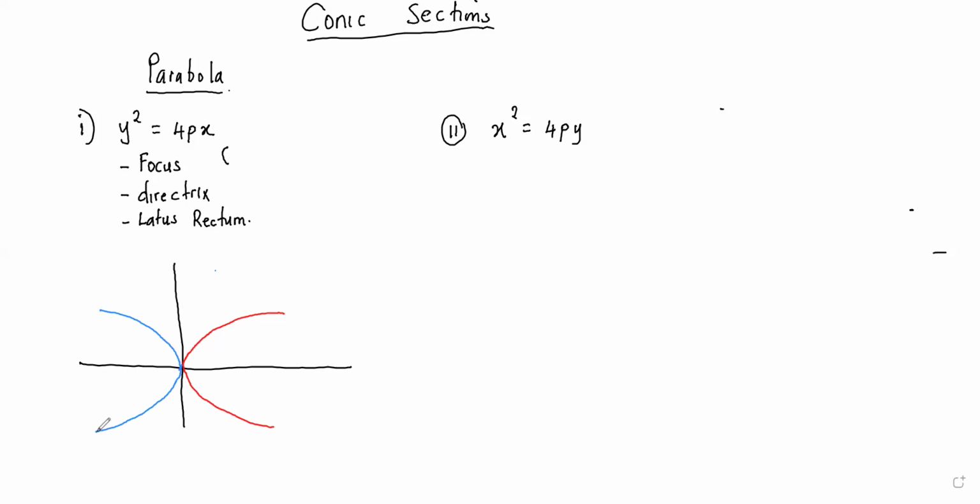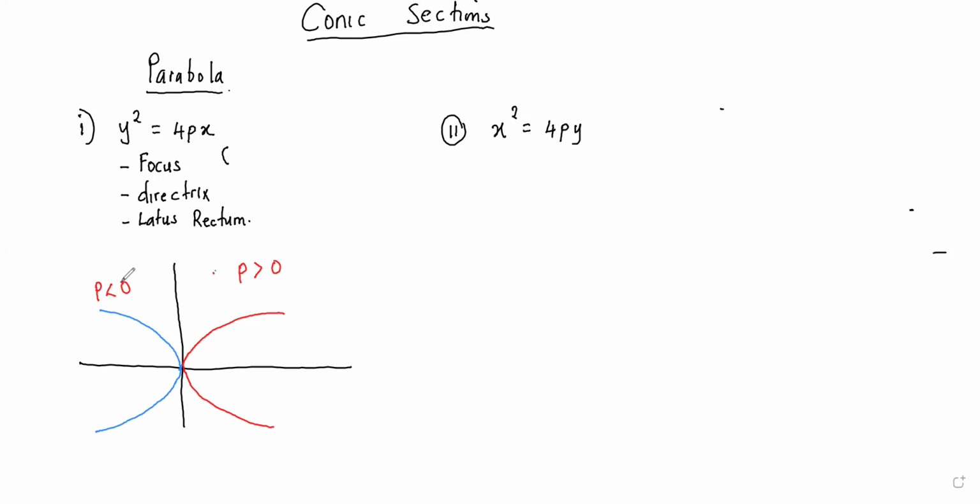So it becomes the one facing the right if the p that we get is greater than 0. And for the other one, if p is less than 0. So we'll have those two.